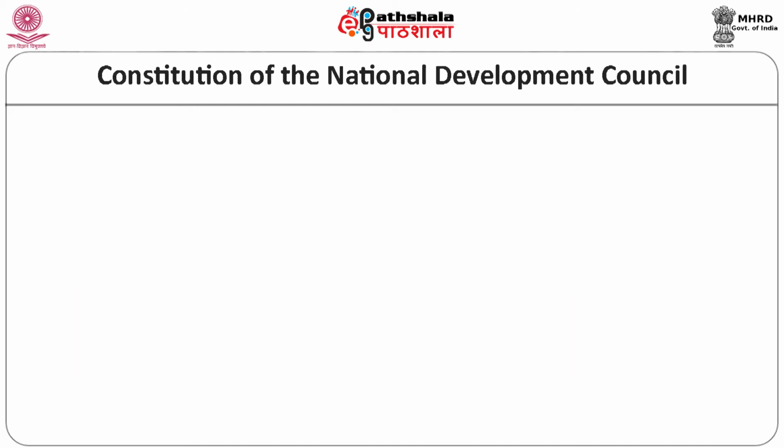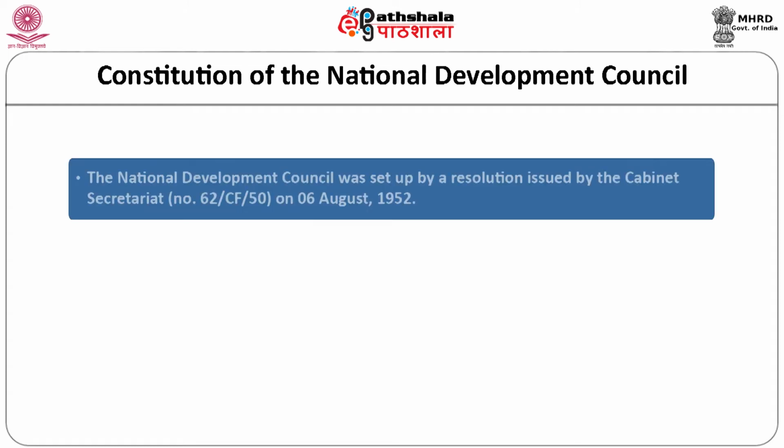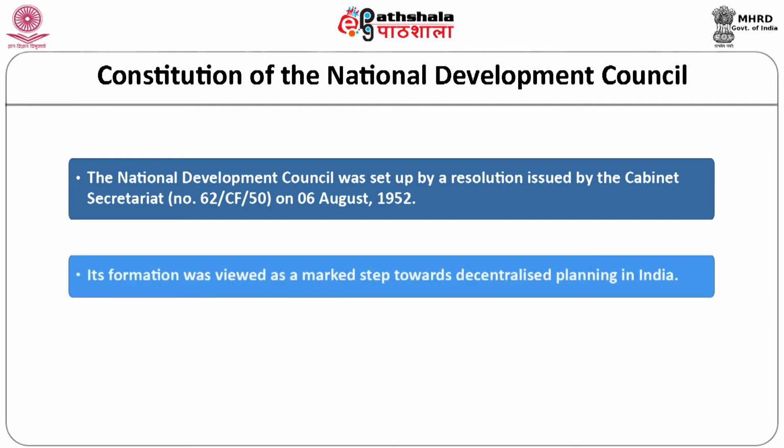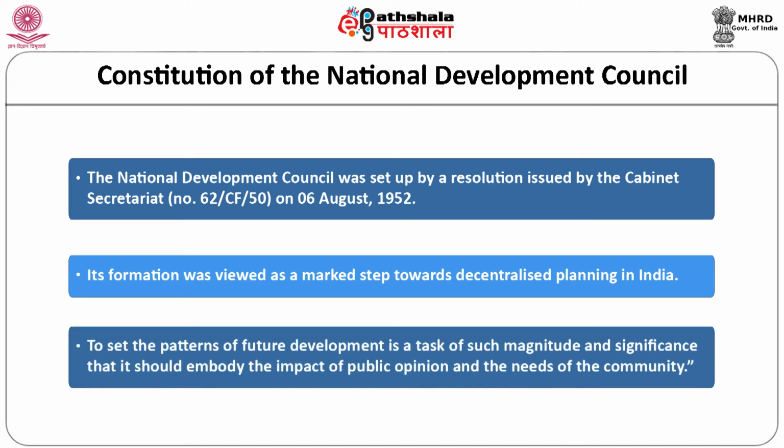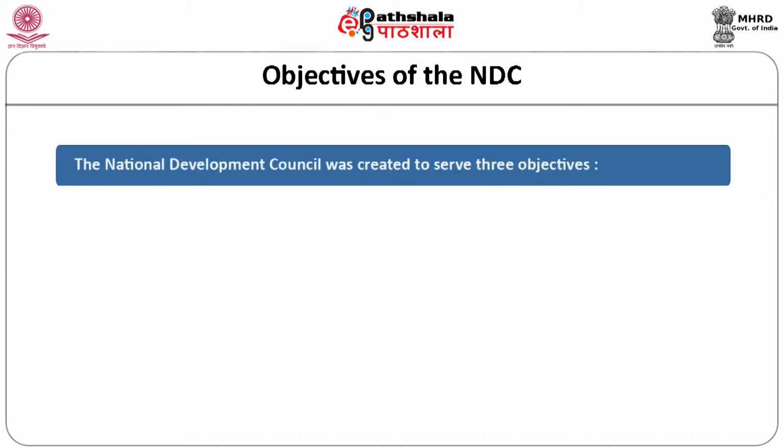Constitution and composition of the National Development Council. The National Development Council was set up by a resolution issued by the Cabinet Secretariat on 6 August 1952. Its formation was viewed as a marked step towards decentralized planning in India. It was created to serve three objectives.